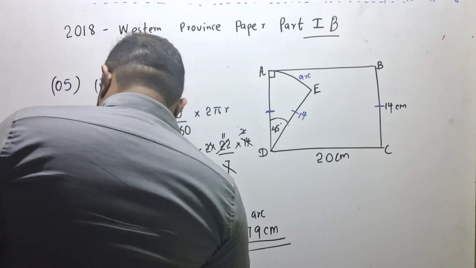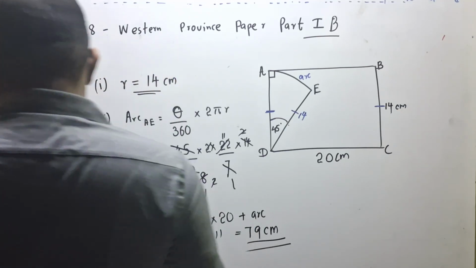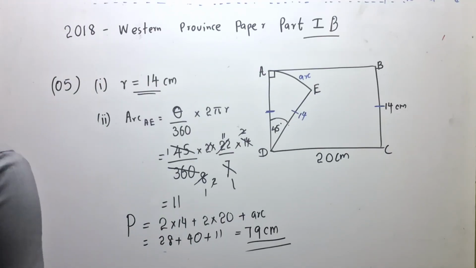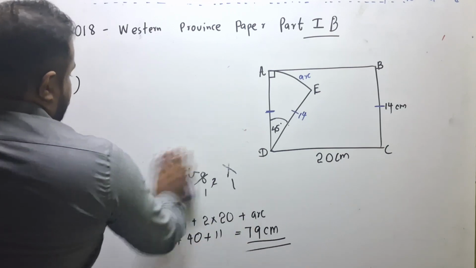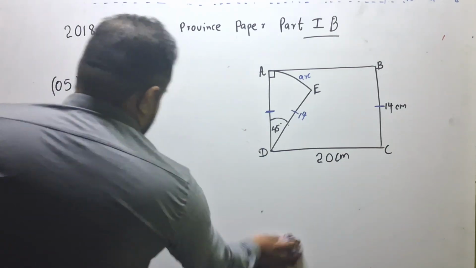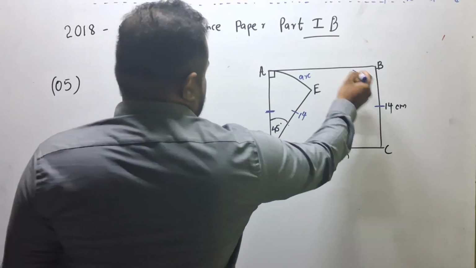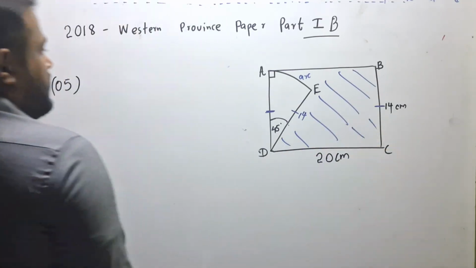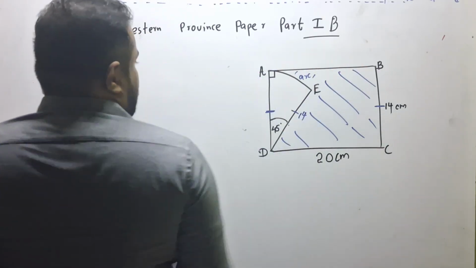Next question. Find the area of the ABCD metal lamina. They are asking about this blue color part area. Have we learned about finding areas of this type of figure?